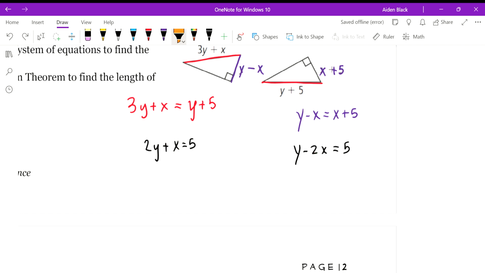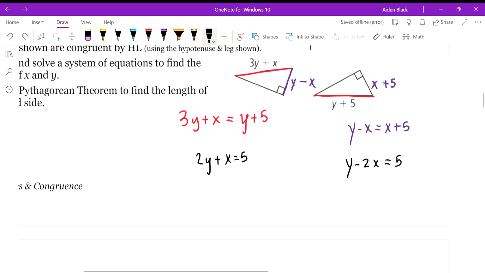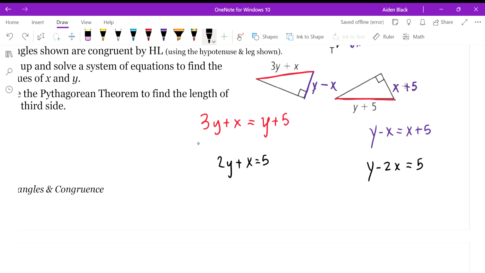So what we need to do if we're solving by elimination is multiply one of these by a number that'll make it so our coefficients are the same. If I multiply this by 2, then I will have 2y for both equations, which will allow me to eliminate. So this is 2y minus 4x equals 10. I've just multiplied that equation by 2 to get this one here.